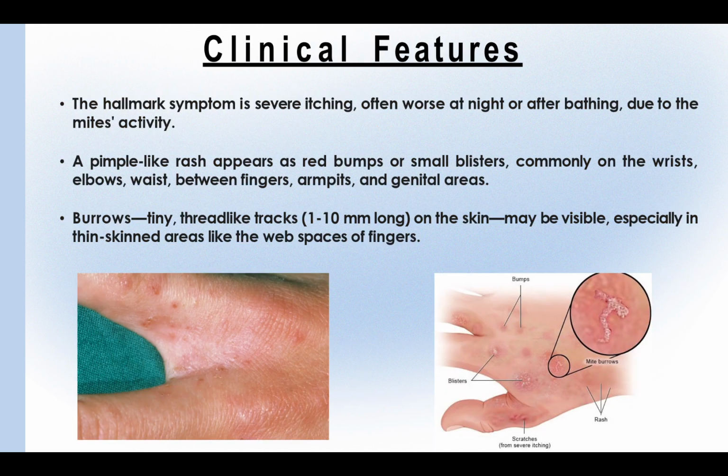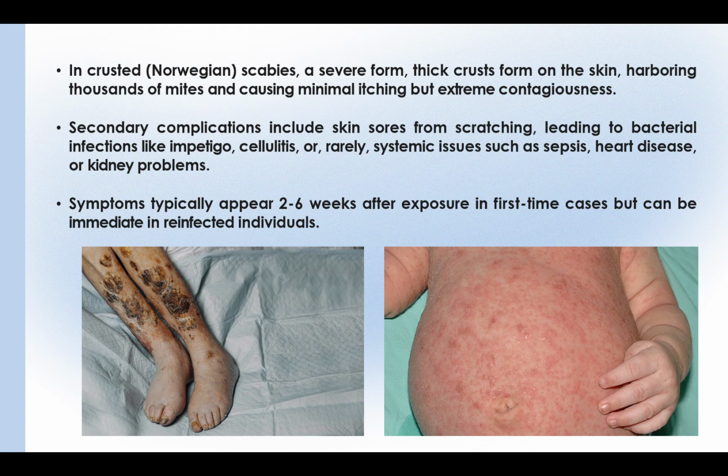The hallmark is severe itching, often worse at night or after bathing thanks to mite activity. A pimple like rash appears as red bumps or small blisters, typically on wrists, elbows, waist, between fingers, armpits, and genitals. Burrows, tiny thread like tracks 1 to 10 millimeters long, may show up especially on thin skin like finger webs. In crusted scabies, a severe form, thick crust forms on the palms and soles, harboring thousands of mites.